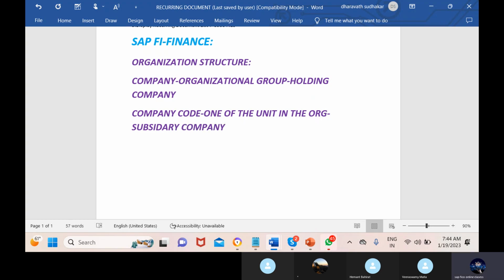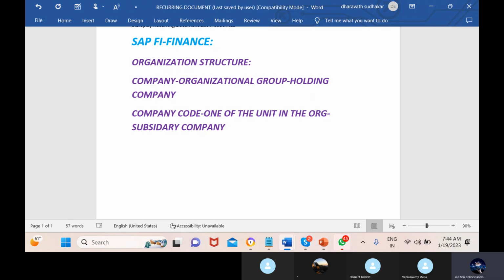Now you just want to know what is the difference between holding company and subsidiary company. The reason is, you will configure the data of company and company code, and you want to know why you assign company to company code, why you link holding company with your subsidiary company.